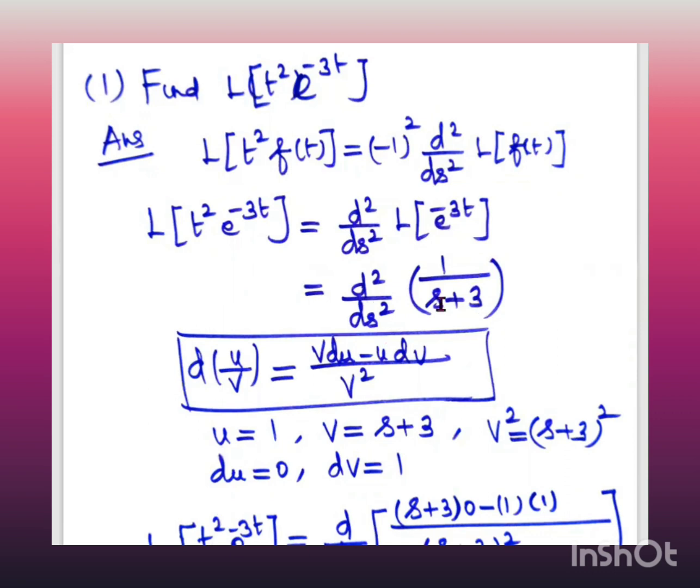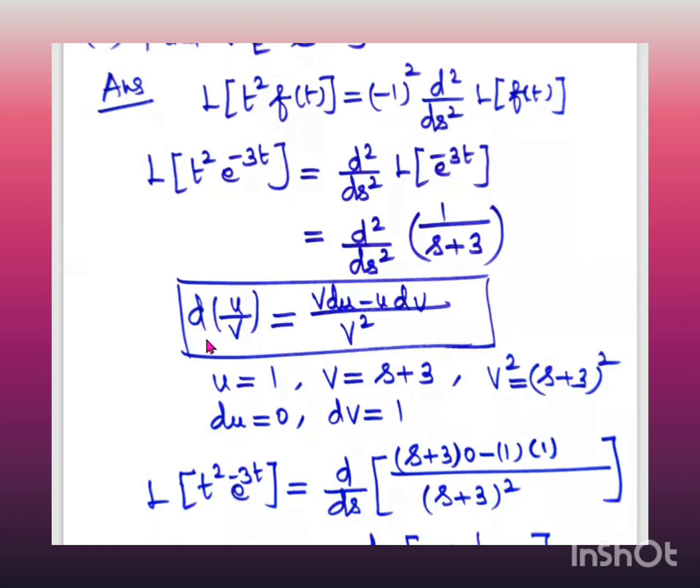So here you have to differentiate 1 divided by s plus 3 two times, because it is d square divided by ds square. We know the formula d of u by v is equal to, denominator is v square, numerator is v du minus u dv, divided by v square. Denominator is v square, numerator is v du minus u dv. What is the u here?